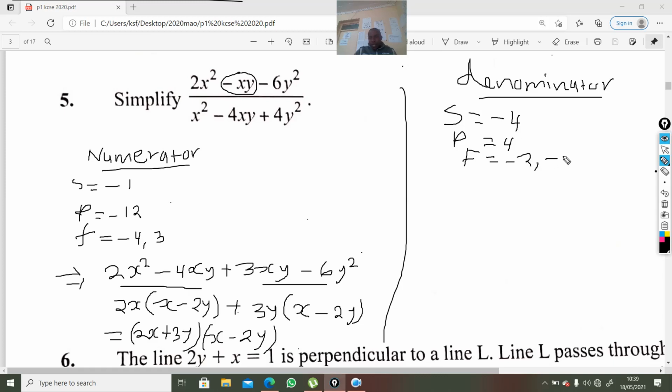So -2, -2, those are the factors, and therefore I replace them here.